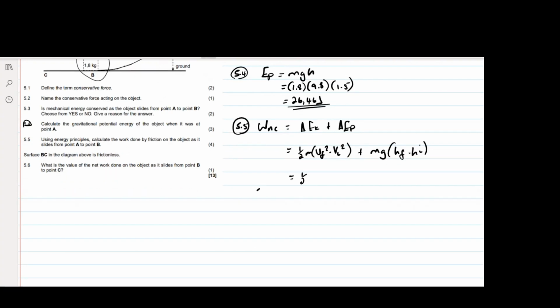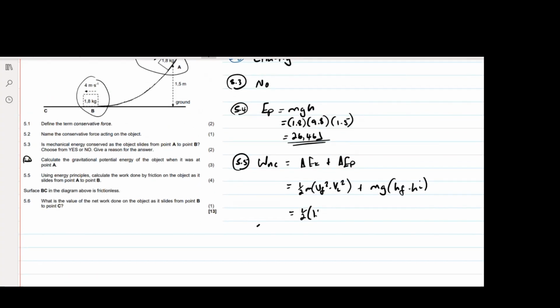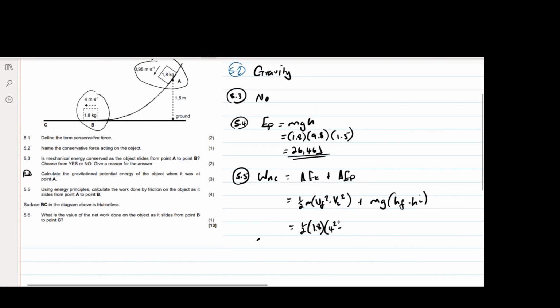So we say half of the mass, which is 1.8, multiplied by the final velocity, which is 4 squared, minus the initial velocity 0.95 squared, plus the mass of this object, 1.8, multiplied by 9.8, times the final height, which is 0, minus the initial height, 1.5.